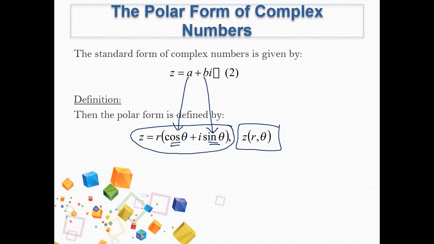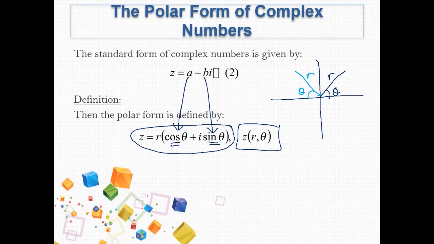So this is how we write the coordinate for the polar form. Because for polar form, wherever it is, if it is in the first quadrant, we will have theta and we have r. Even if it is in the second quadrant, you still have the theta, where theta is always considered from the x-axis. So this is your r.